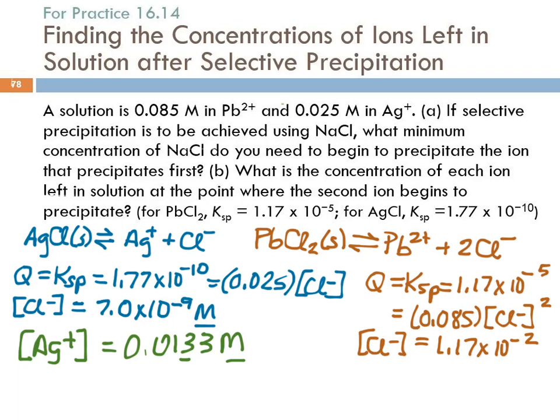How do we figure out the concentration of the lead ion? Same way. What's it going to be close to, do you think? It's going to be close to this, isn't it? Because didn't we just calculate the amount that was needed to precipitate it?